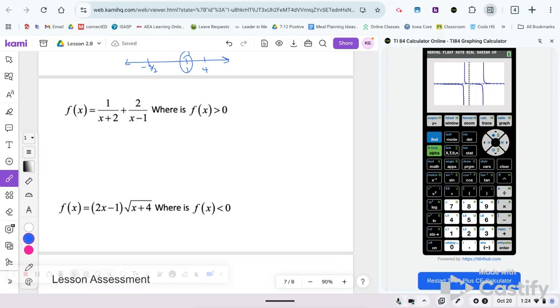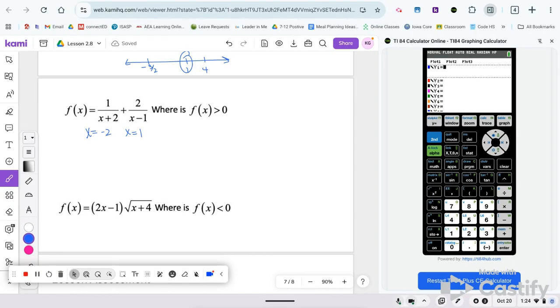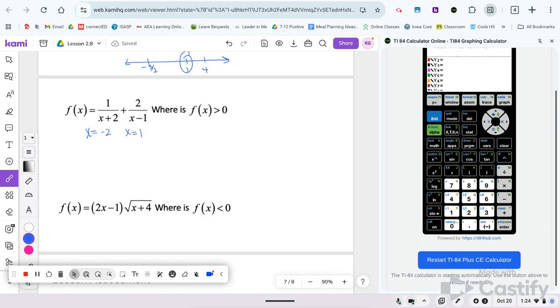We'll use the calculator here. We're looking at these vertical asymptotes, which we know are going to be x equals negative 2 and x equals positive 1. So we have 1 over x plus 2 being added to 2 over x minus 1.